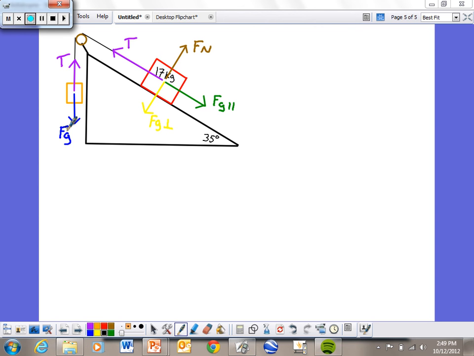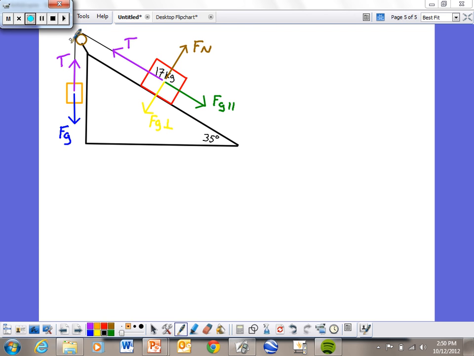Typically, when you have a two-block system, what you want to do is not go with the normal positive is up and right and negative is down and left, but instead you want to take a look at how this system can move. If this hanging block goes upward, then this block is going to go down and to the right. If this block goes up and to the left, then this block is going to go downward.